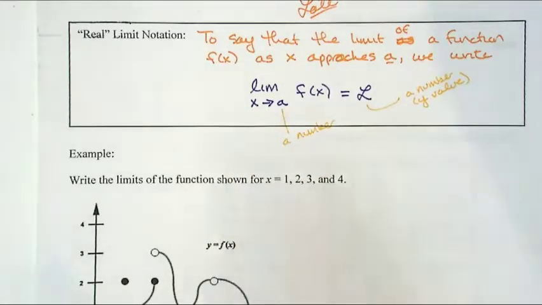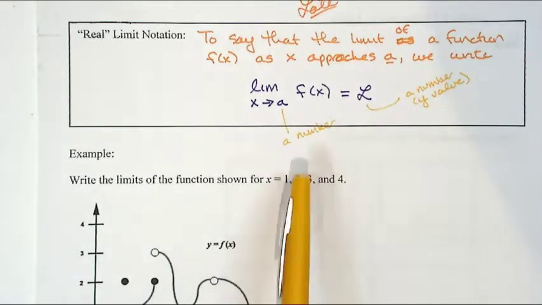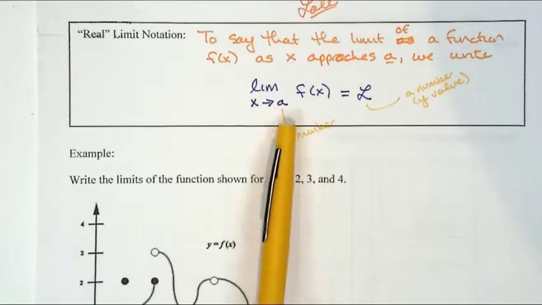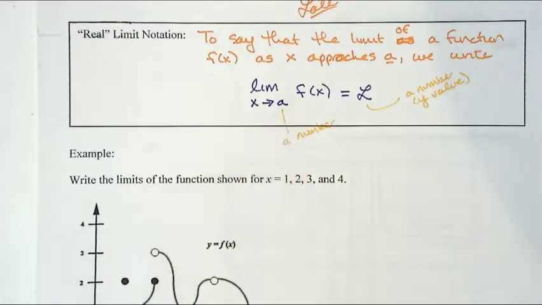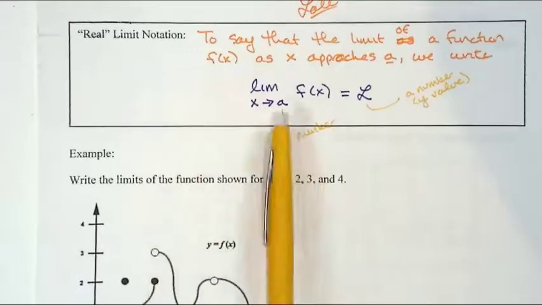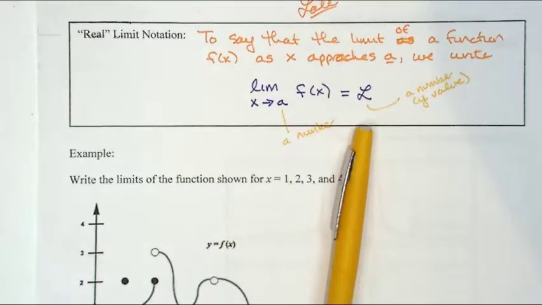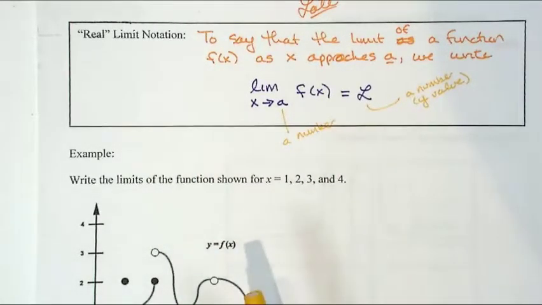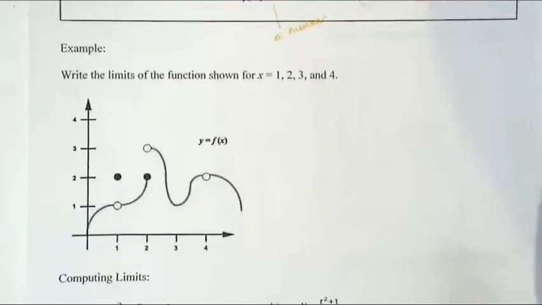So when we look at our charts and we're taking little tiny intervals around, say, 2, then a would be equal to 2. This is always the goal on our charts. When I was doing my notes on this, I would always put this number in a box, right, to show you what that was. So the first thing that we're going to do is we're going to use this real limit notation, and we're just going to write out some stuff here.